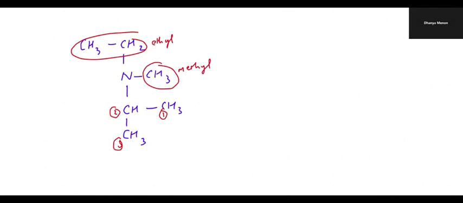So N ethyl, N methyl, then the longest chain is having 3 carbon atoms, so prop. All single bonds are there, so propane. At the second position I have amine. The nitrogen is at the second carbon atom. I hope I am clear here.